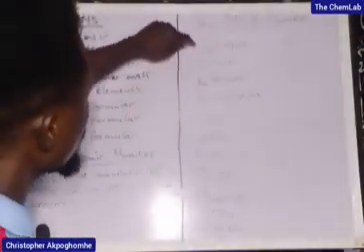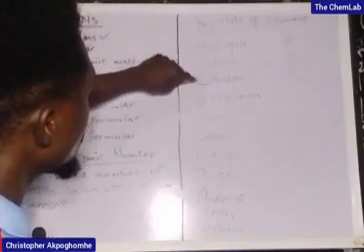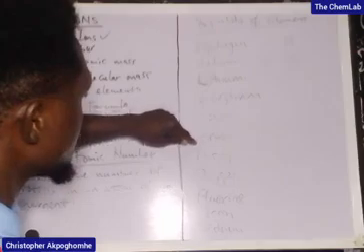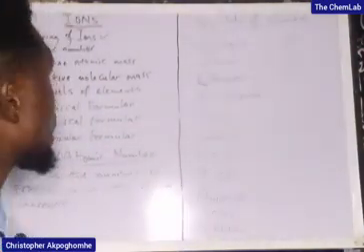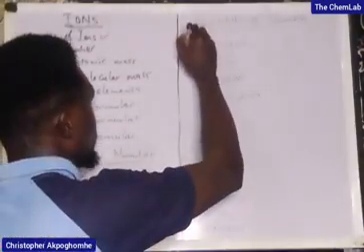Now let's stop here at number 11. So we have 1, 2, 3, 4, 5, 6, 7, 8, 9, 10, 11. Now, hydrogen is number 1.